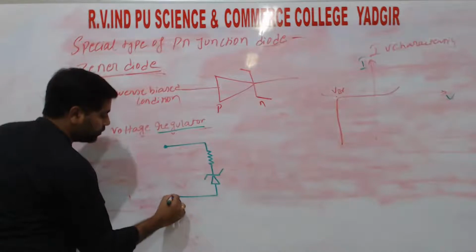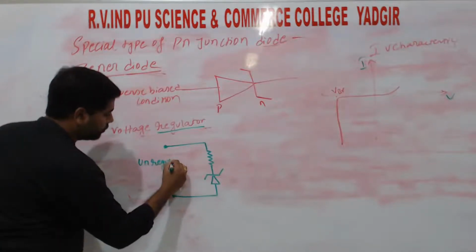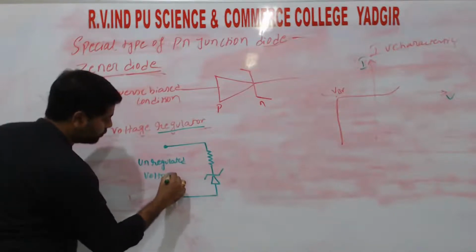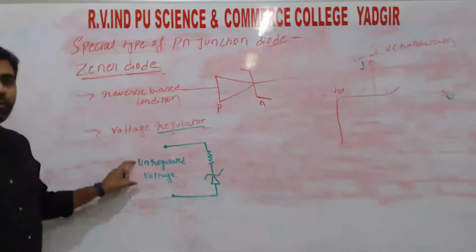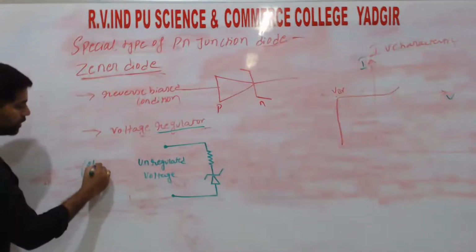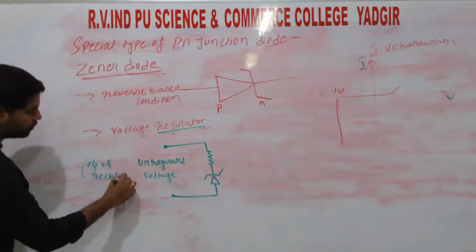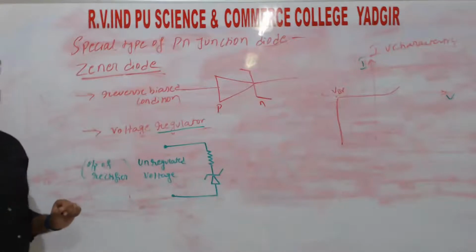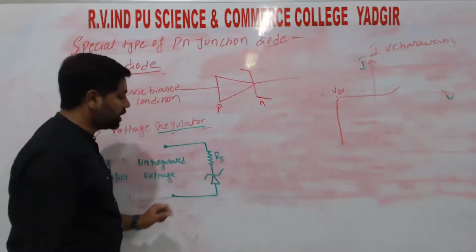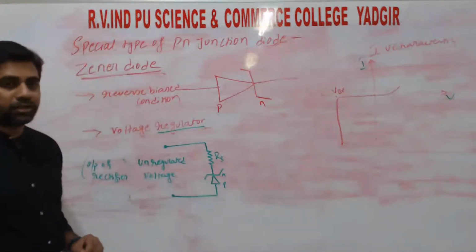So this is the unregulated voltage, that means the input voltage. This comes from the output of the rectifier, right? This one is the resistance which is connected in series with the Zener diode. It is the P region and it is the N region, right?